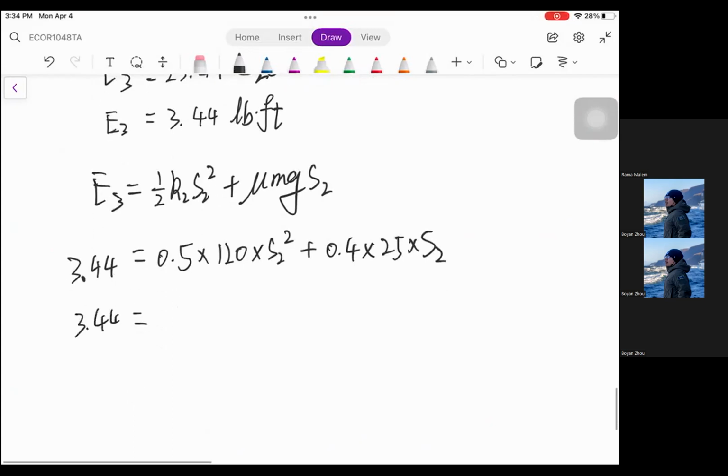So 3.44 is equal to 60 S2 squared plus 10 S2. And then we can solve for S2.